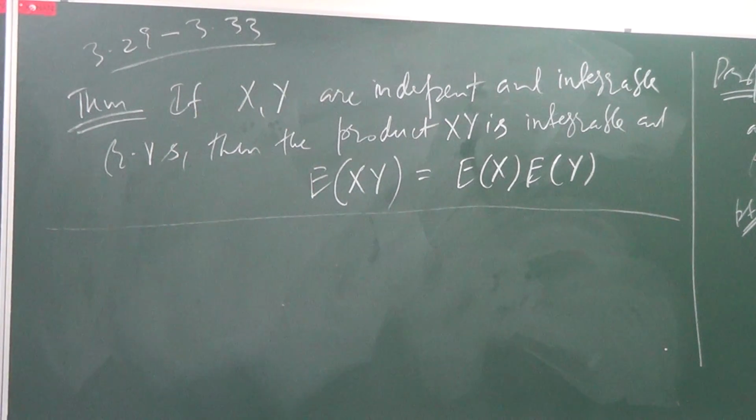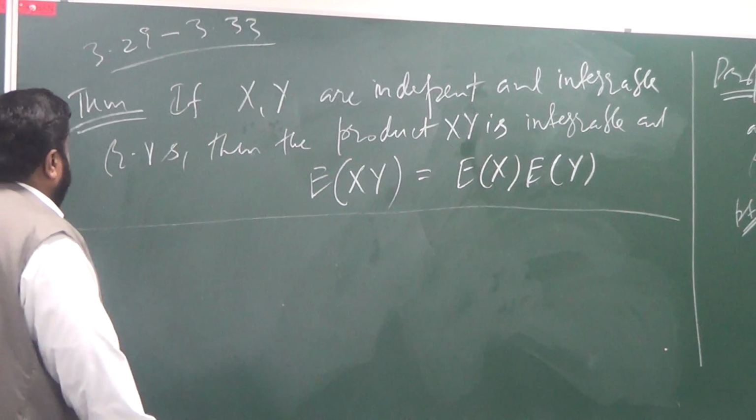In fact, you can generalize this to n random variables. In other words, if you have n integrable and independent random variables, then their product is also integrable, and the expectation of the product of those n random variables would be equal to the product of the expectations. And you can prove that inductively as well.